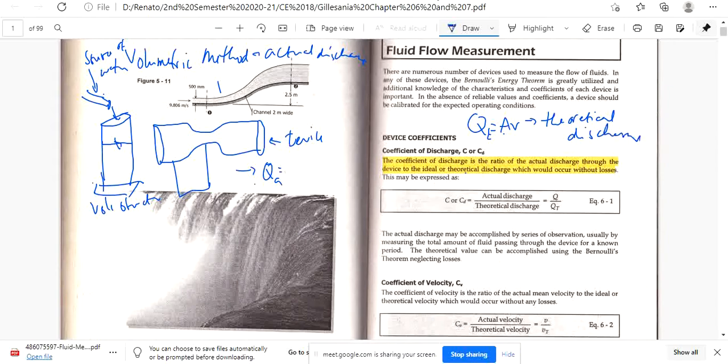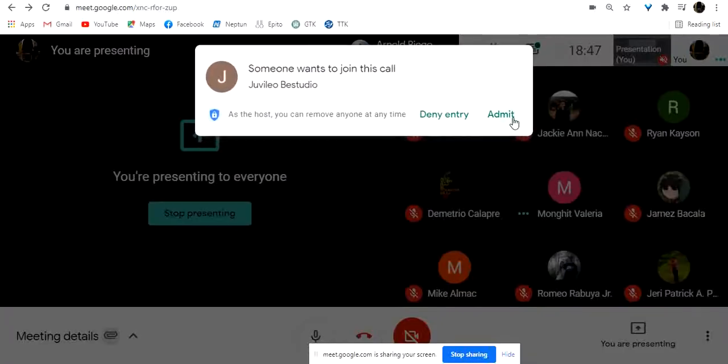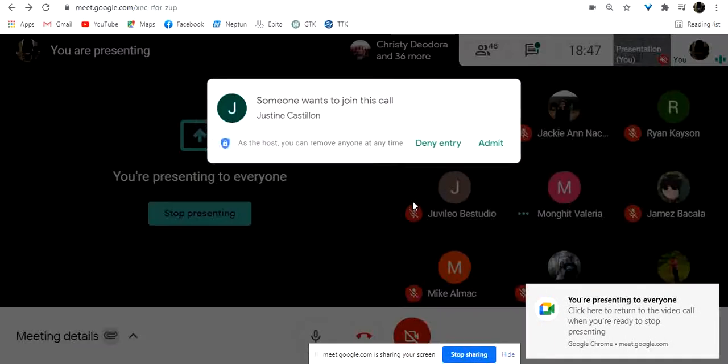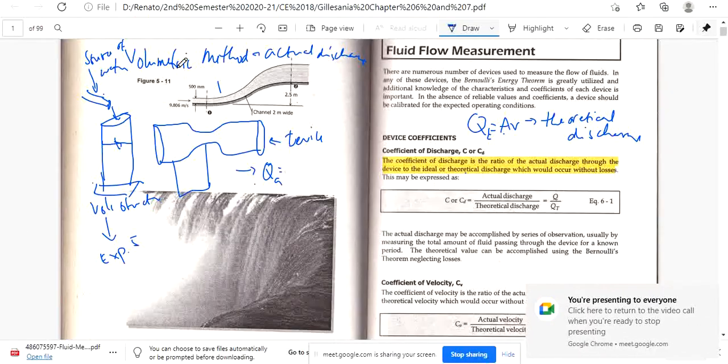Whereas ang imong actual discharge is katong makuha nimo ani nga experiment, katong experiment number 5 katong i-explain na ninyo last time. Katong pag-discuss nato sa chapter 5, nag-discuss ko ani nga experiment number 5.